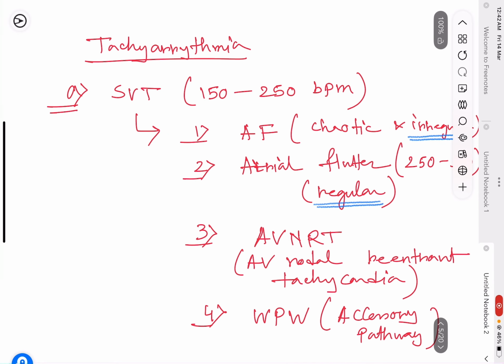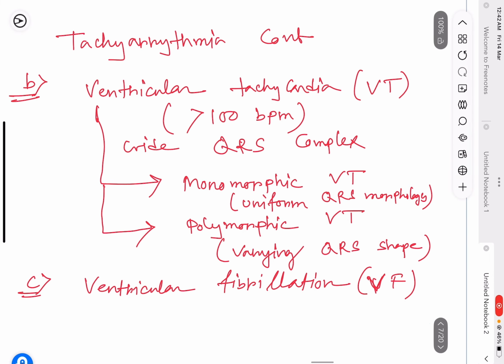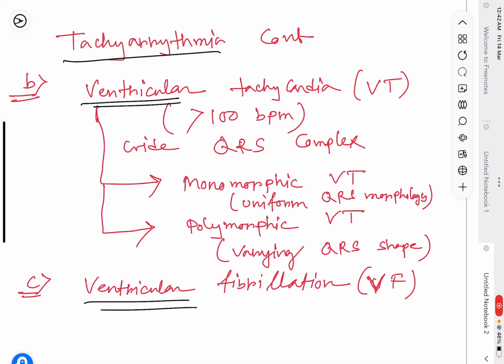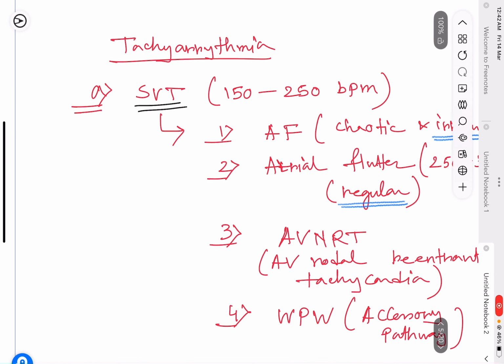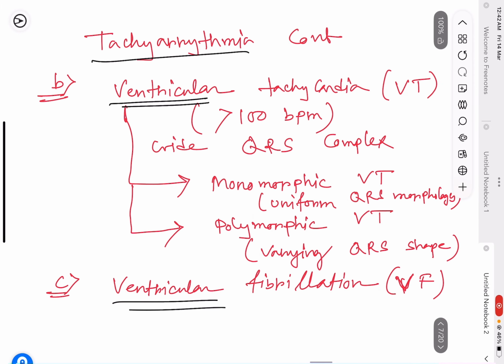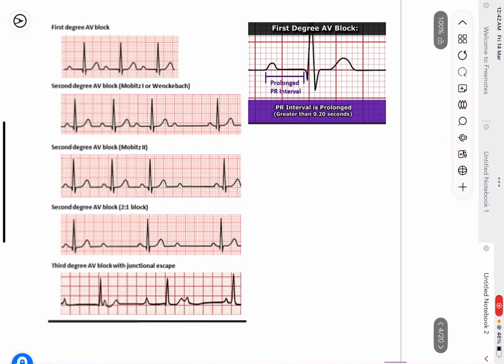In tachyarrhythmias, we have three groups: supraventricular tachycardia, then ventricular tachycardia, and then ventricular fibrillation. Clear? So this is tachyarrhythmia.